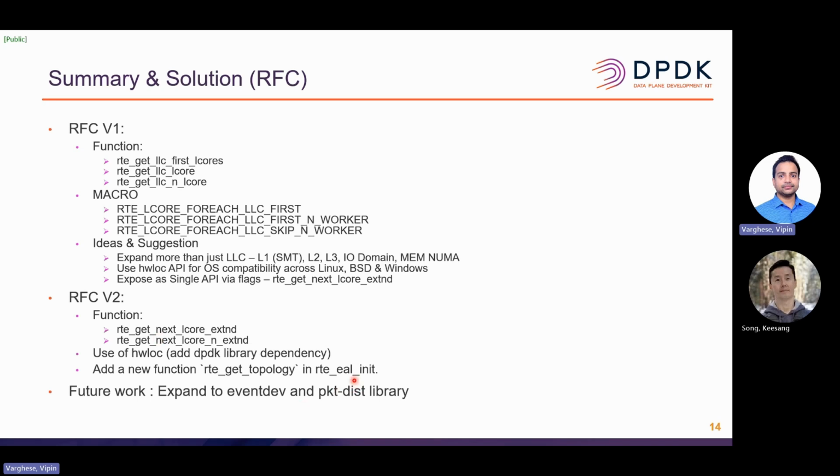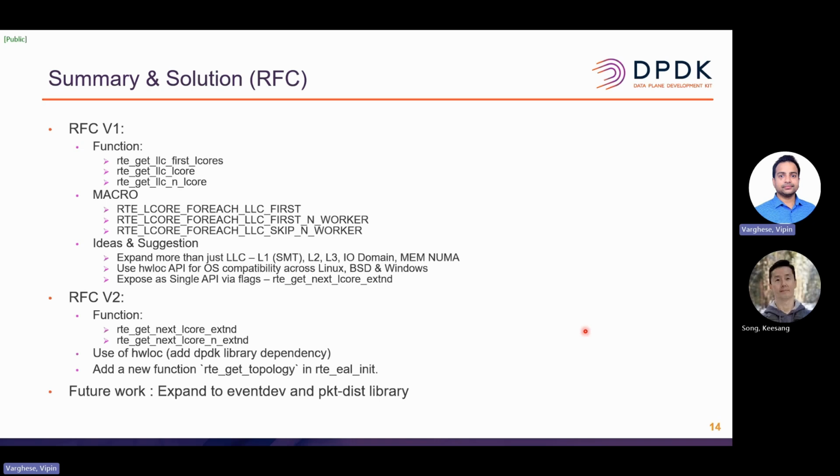Within rte_eal_init, just like how rte_get_cpu, PCI and other devices are explored, we would call rte_get_topology, which internally calls the hwloc library and populates how many L1 CPUs, L cores are available, and how many L2 and L3 appropriate CPU cores are available. With that information, whenever the end user asks, get me all the L cores, get me all the L1 SMT sibling threads and so on, we can do those once rte_eal_init is successful.